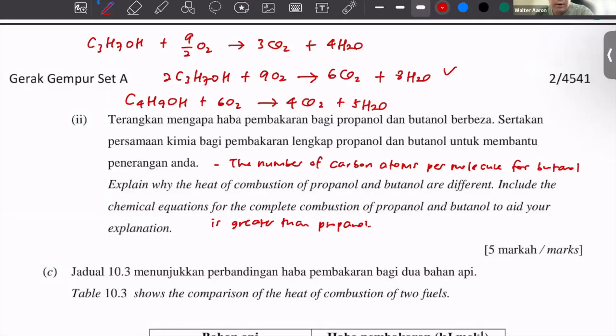Okay, then after you can say that more carbon dioxide and water is produced, and more heat is released.